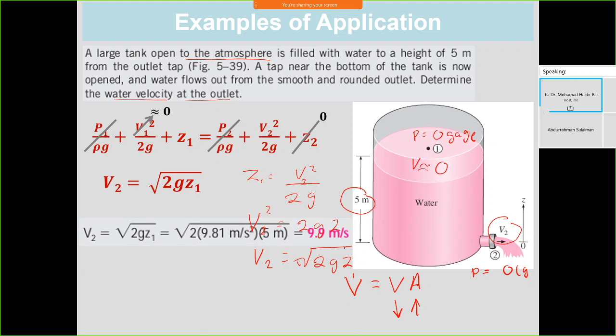After this simple equation, just include all the information: g is 9.81 and Z is 5 meters. Now we get the velocity of 9.9 meters per second. So far? Any questions?